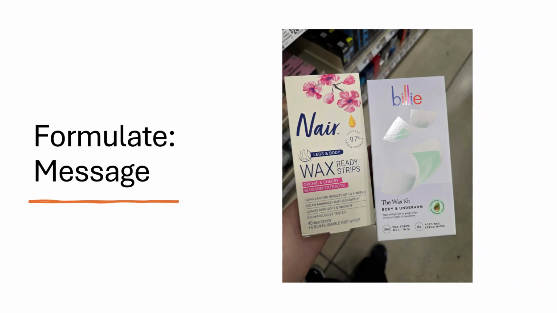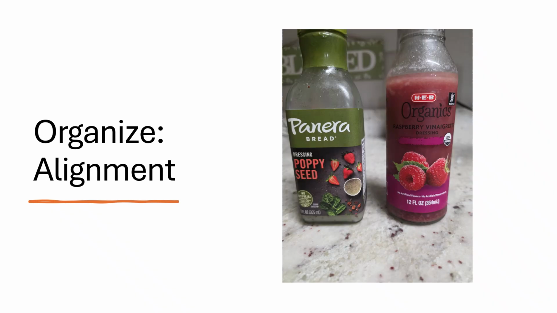The second of the principles will be organize. We'll be focusing on the alignment part. In this photo, we have 2 salad dressings, one from Panera and one from the H-E-B Organics line. Panera's label uses consistent alignment and spacing. The text and imagery are balanced, guiding the eye naturally.